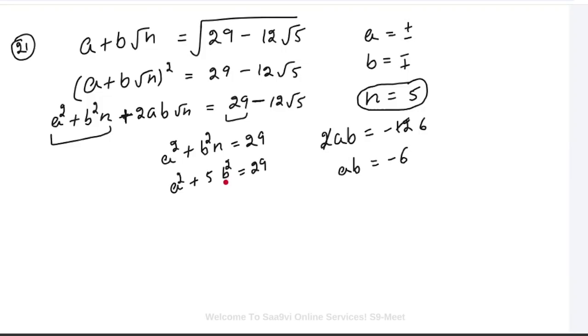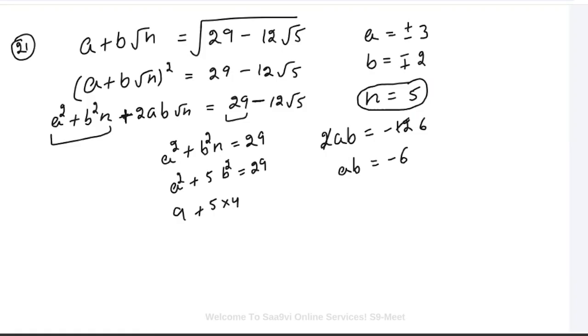That means we can have a square as 9, and b should be a multiple of 5, that is 20. That means b square should be 4. That means a has to be plus minus 3 and b has to be minus or plus 2. Now this gives me an equation.